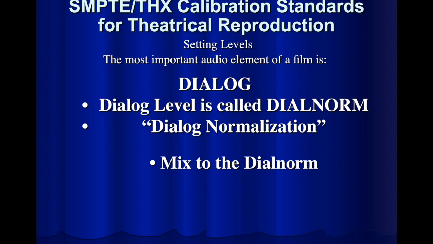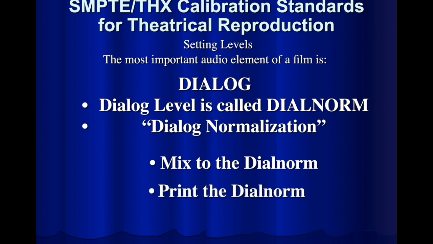In dialogue normalization, you can mix to the dial norm. When you're mixing to the dial norm, that is you in the room with an SPL meter, and you are actively mixing to the dial norm to get that average level of 78 dB SPL.